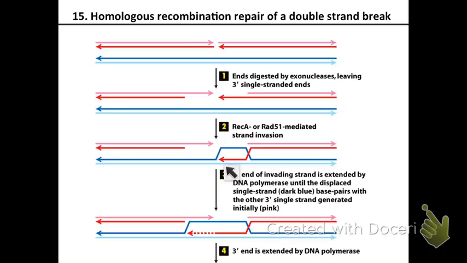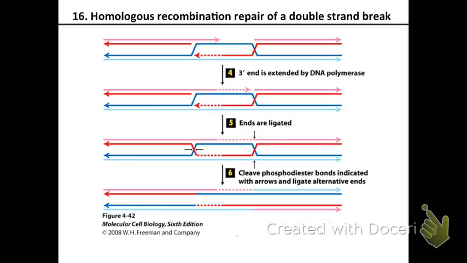After it invades, the ends get extended by the DNA polymerase, leading to a couple of Holliday junctions. And these Holliday junctions are formed due to ligating the ends of the extended single-stranded DNA.